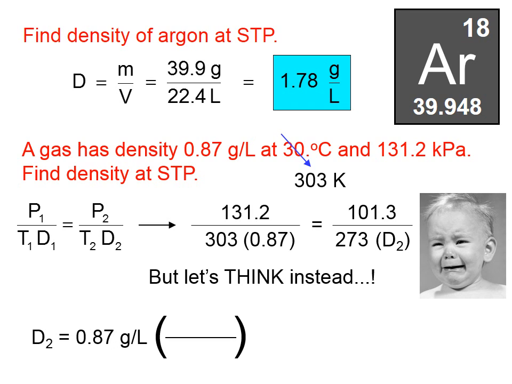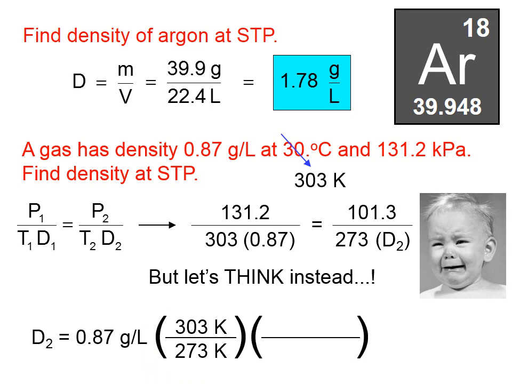That means it cools down. What do gases do when they cool down? Don't they take up less space? And if the same gas takes up less space, doesn't it then have a higher density? And the answer is yes. When the same gas takes up less space, it then has a higher density. Therefore, this fraction has to be a quantity greater than 1.